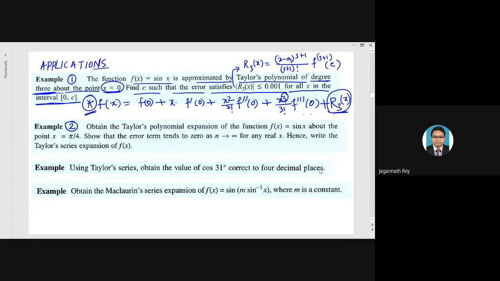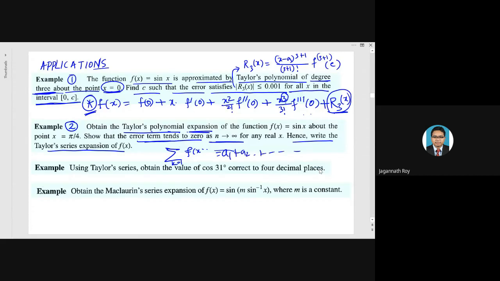Whenever we obtain a Taylor polynomial expression, here you have to find the Taylor polynomial, and show the error term goes to 0 as n tends to infinity. Hence, write the Taylor series expansion. So you need to write in terms of this form, the sum from n equals 1 to infinity, something like A1 plus A2 plus dot dot dot, the series form.